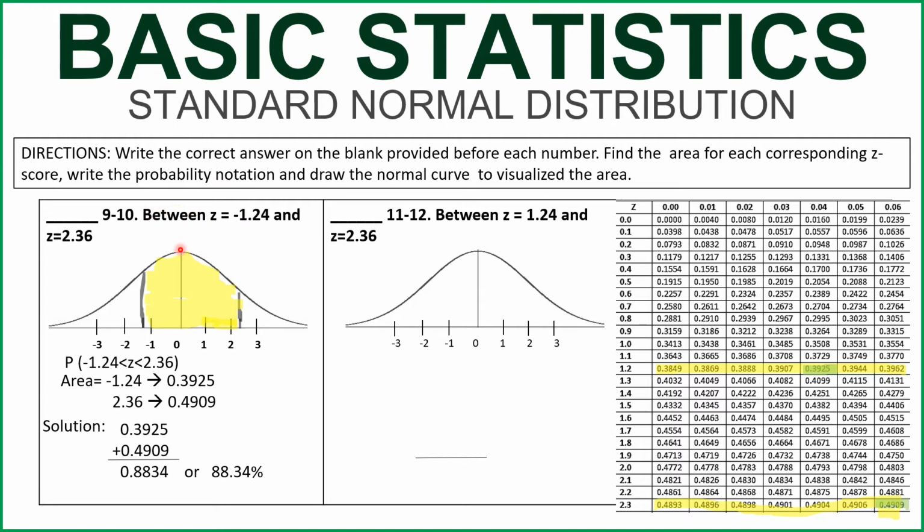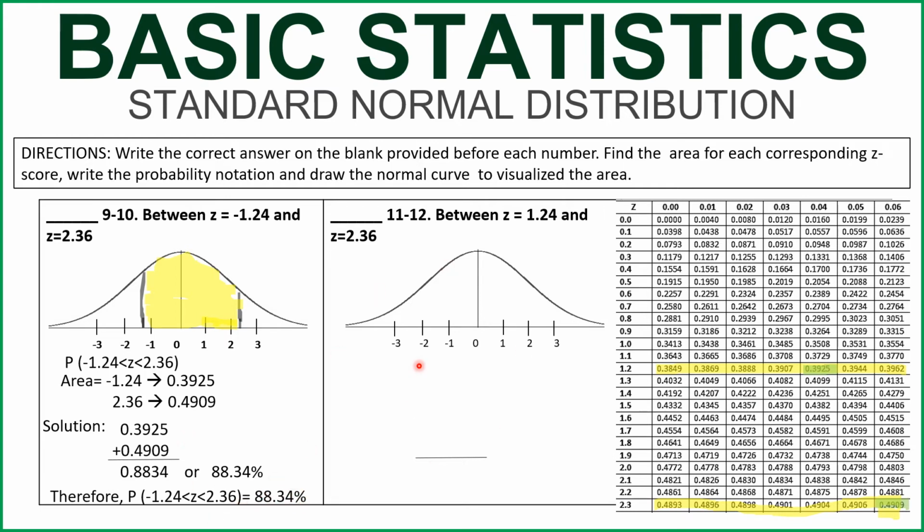So, sa more than and less than, ginagamit yung 0.5, tandaan nyo yun, pero dito, this time, kapag between na, i-analyze na natin ng mabuti kung mag-add ba tayo or magso-subtract. So, in this case, we add them. So, therefore, yung answer natin is 88.34.